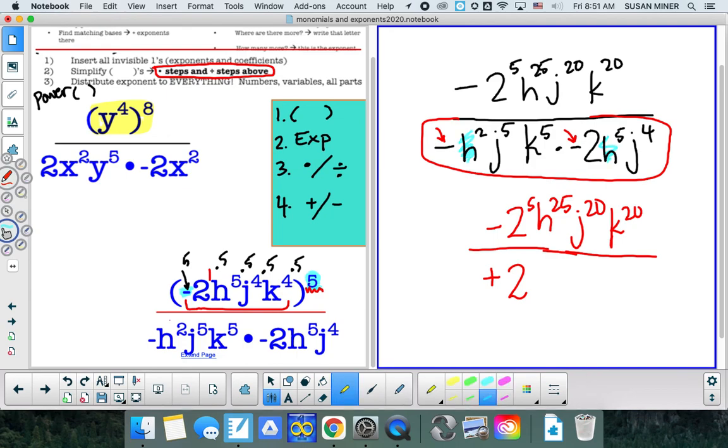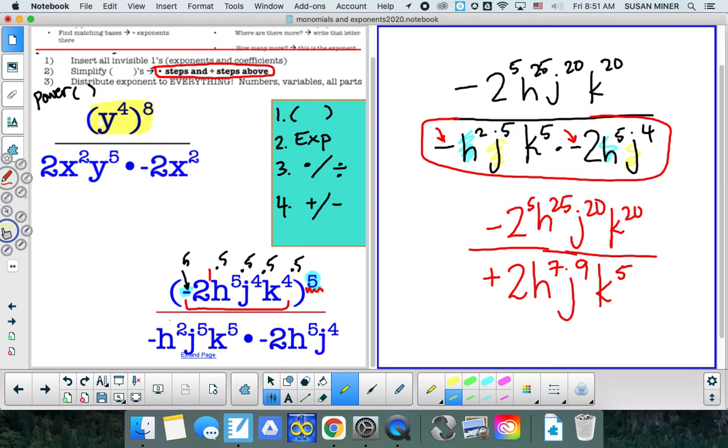So here's an h, here's an h. H to the 2 plus 5 is going to be h to the 7th. And then here's a j, here's a j. J to the 5 plus 4 is 9. And then finally I have a k to the 5th power, and it's not going to change because there are no other k's in the bottom being multiplied.